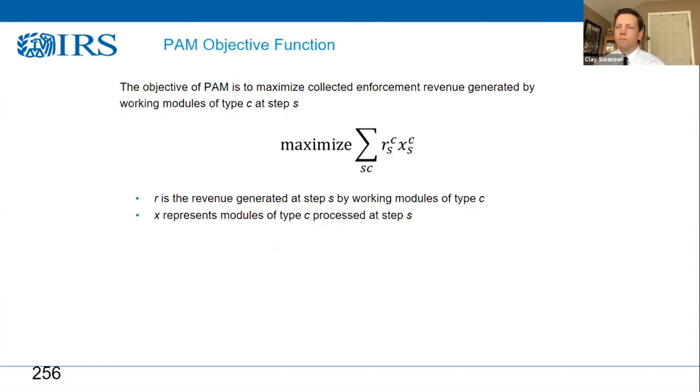Slide. Okay, this is the current objective function for PAM. We've got an R term and an X term, and the R term represents revenue earned from working one tax module, and this is based on historical data.